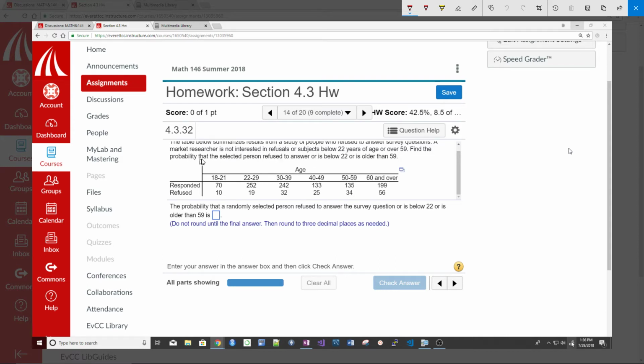They want us to find the probability that a selected person refused to answer, so the sum of all of this, or the person is below 22, or the person is older than 59.